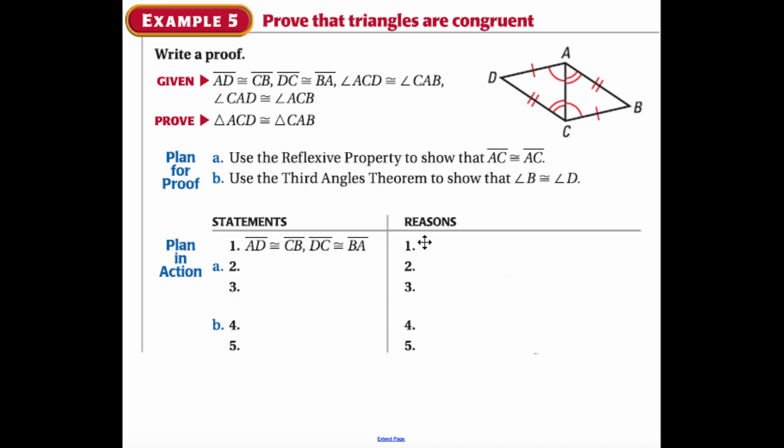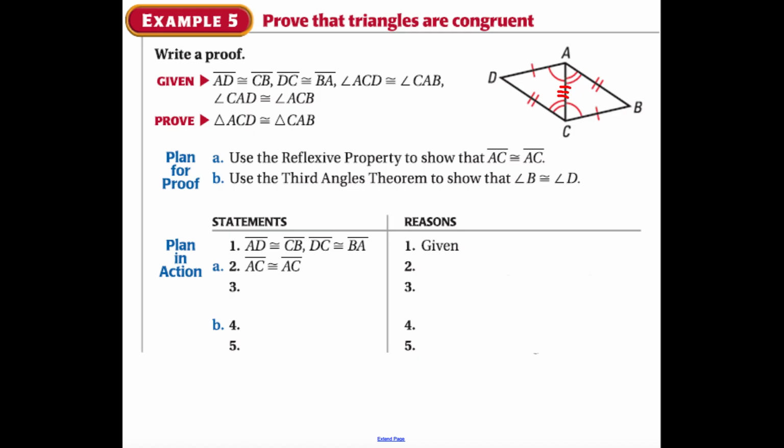They gave you a couple sides that were congruent. They gave you some angles that were congruent. We came up with this middle side AC congruent to itself because, of course, of the, let me mark it for you, AC is congruent to itself.